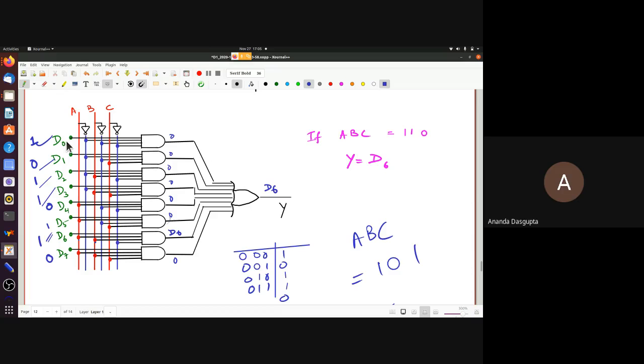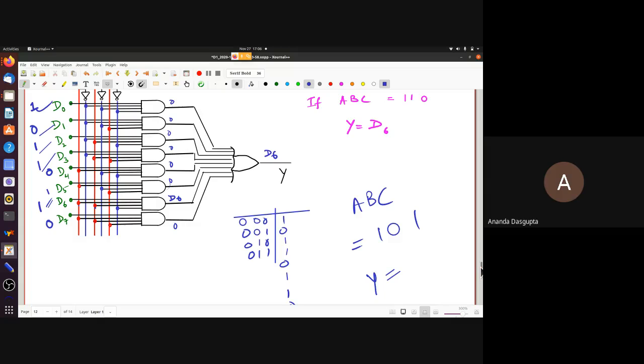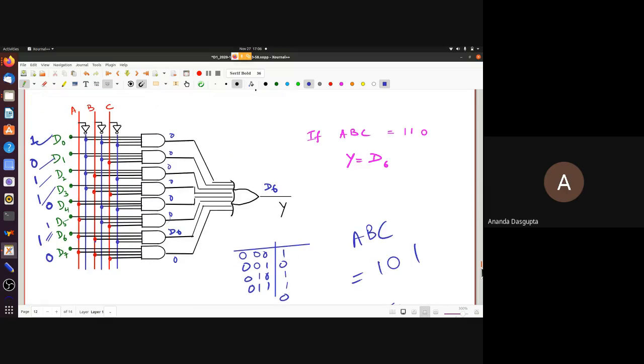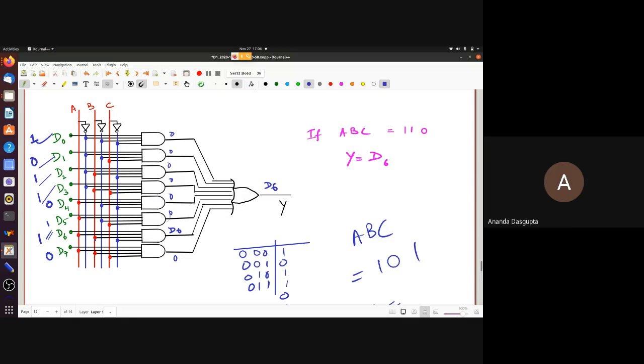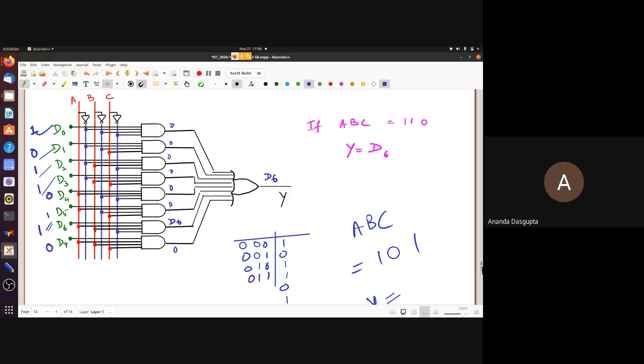If you give it 0, 0, 1, it's going to give you D1, which is 0. Here 0, 1, 0, it's going to give you D2, which is 1. So can you see why this is so great? Any ideas? Okay, just let me ask you once again, how many Boolean functions can you have with 3 inputs?